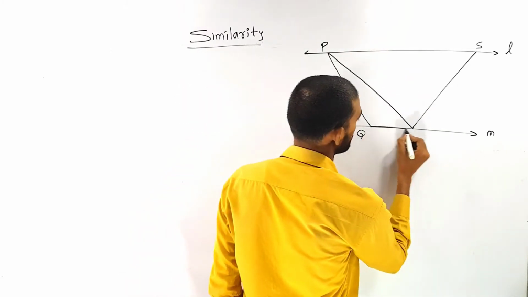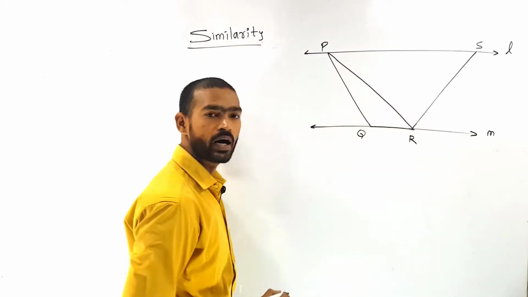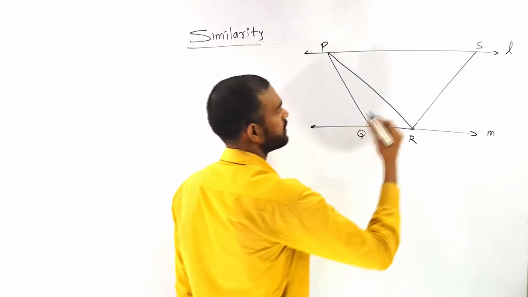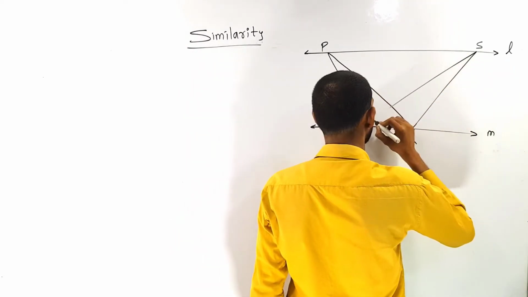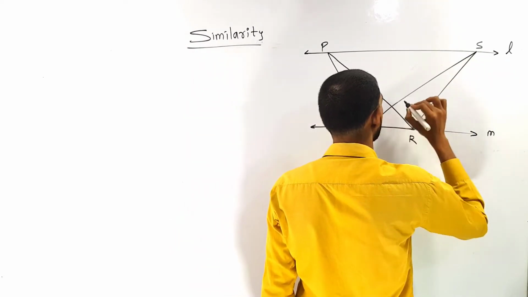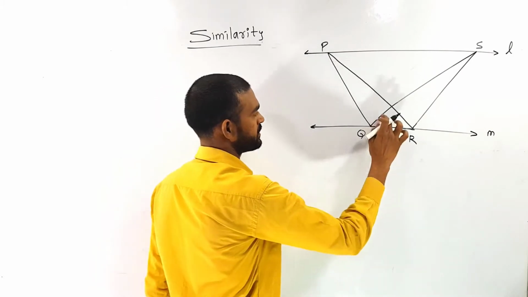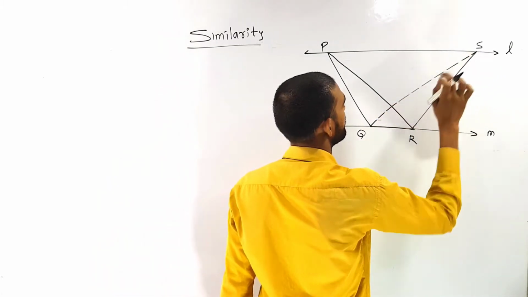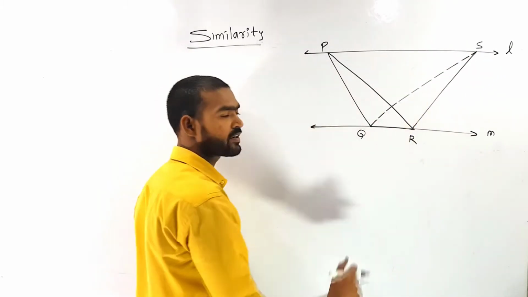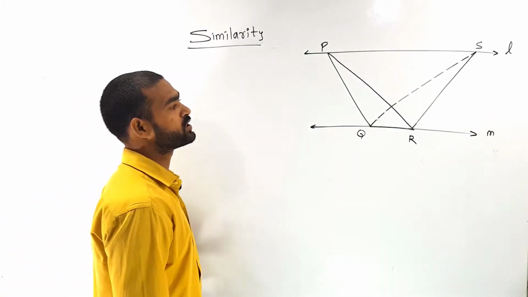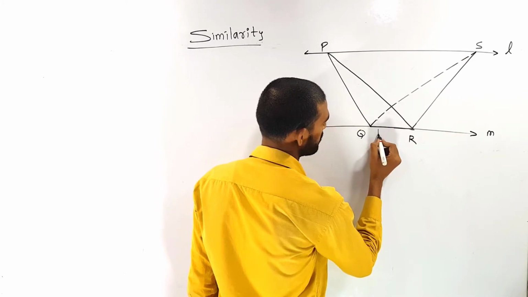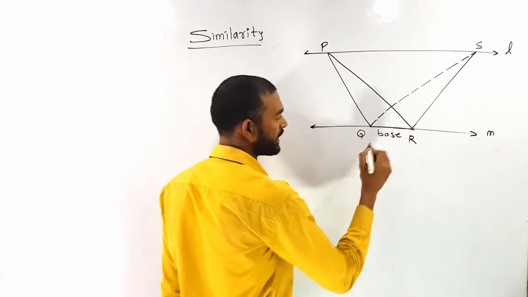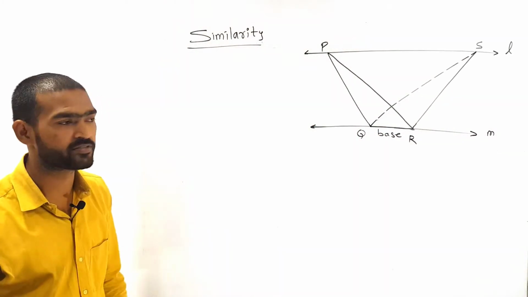This is my first triangle, PQR. We have another triangle, SRQ. This is my second triangle, SRQ. Both the triangles are sharing the same base. QR is the common base.